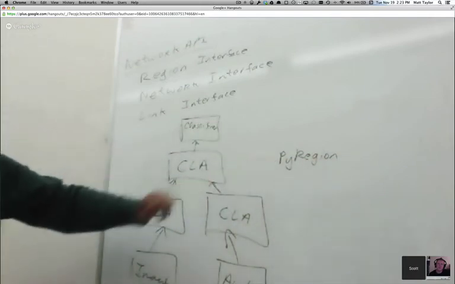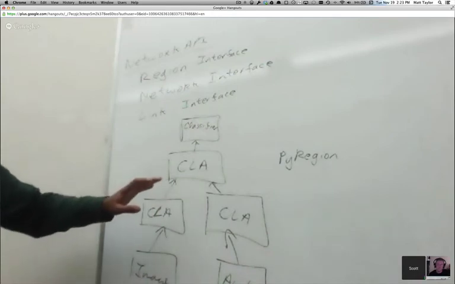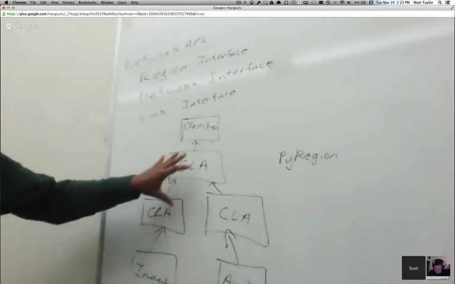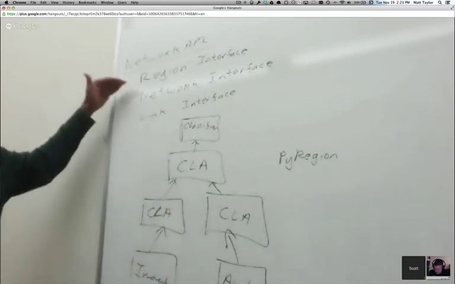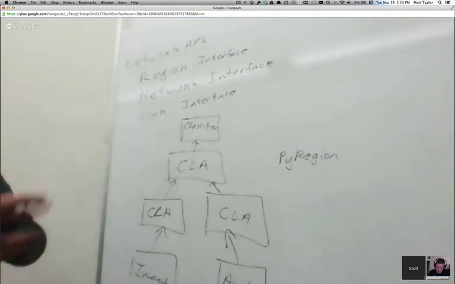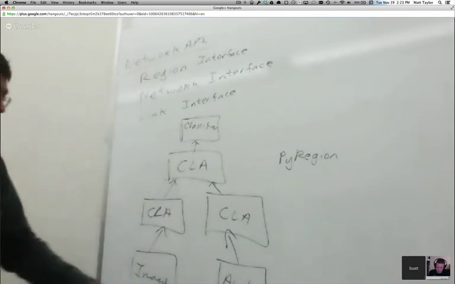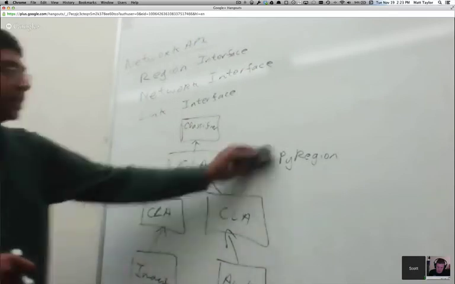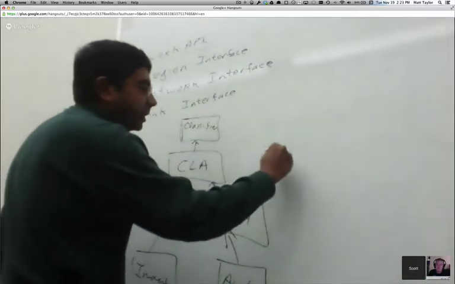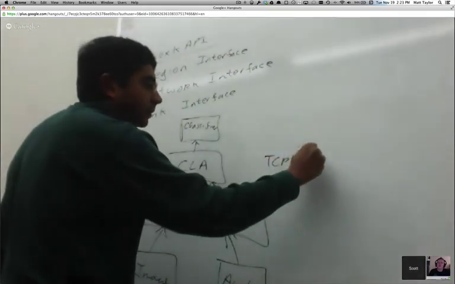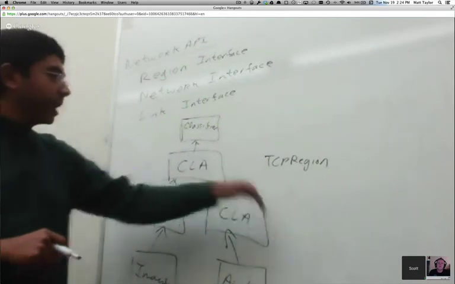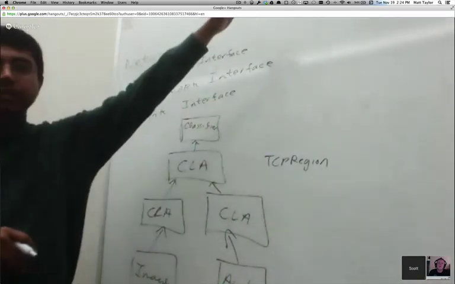Right. The other thing is, what a region is again, all it has to do is conform to the region interface. So people have wanted to, for example, have CLA networks that are spread across servers. So one way to do that is to have a TCP region. All it does is, instead of calling into Python or an algorithm, it calls to another server.